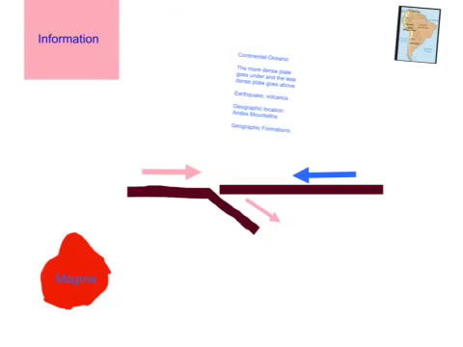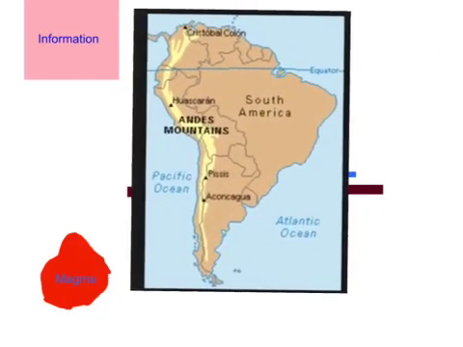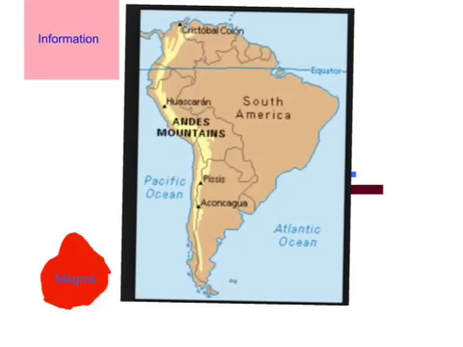We're going to talk about continental oceanic. In continental oceanic, the more dense plate goes under and the less dense plate goes above. These make earthquakes and volcanoes. They are located in the Andes Mountains, shown right here.